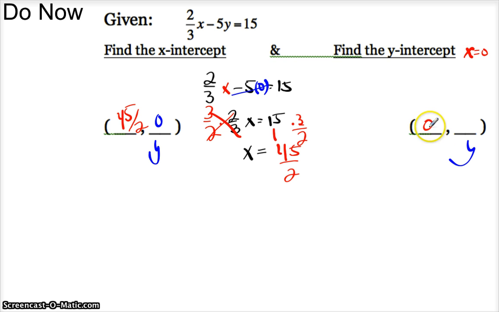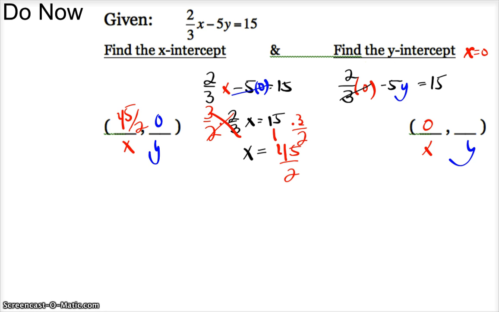So this is 0. We just need to find out what y is when I make that x value 0. So here's our equation. 2/3 x minus 5y equals 15. Here's our y, is what we're looking for, and we know our x value is 0, so 2/3 times 0 is 0.